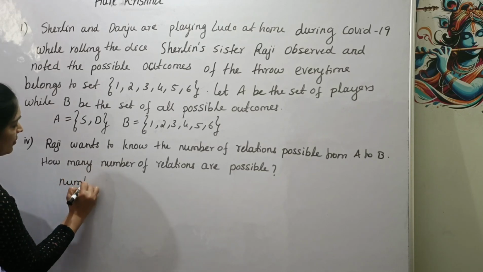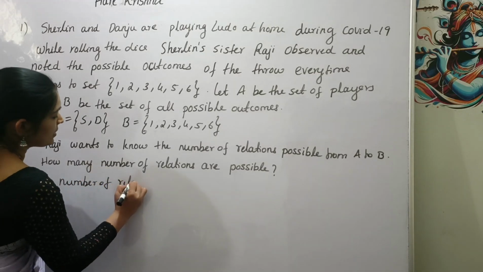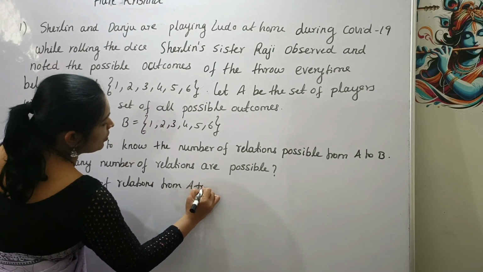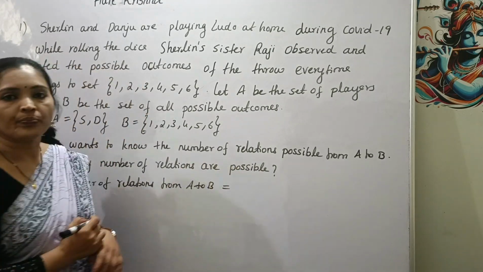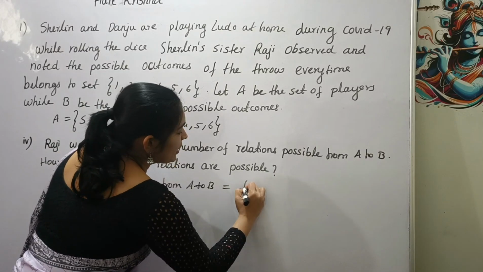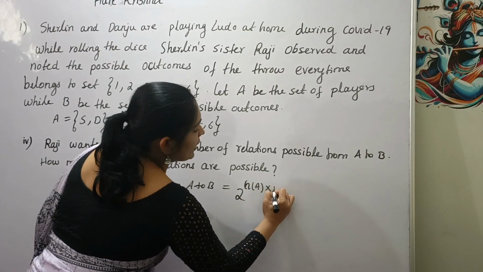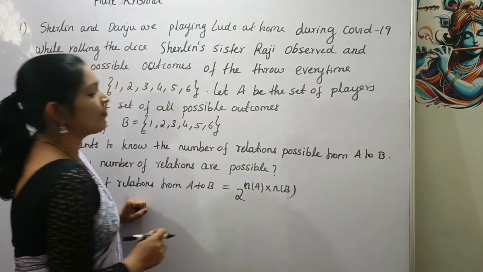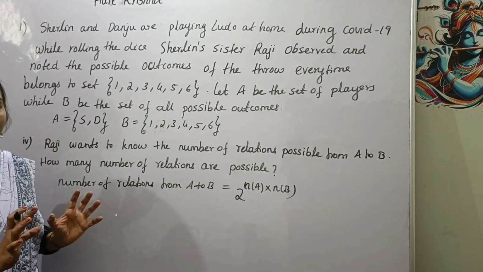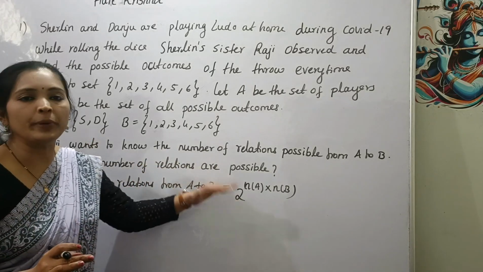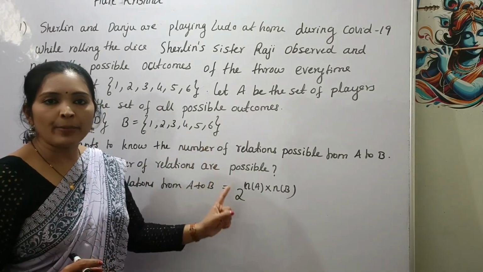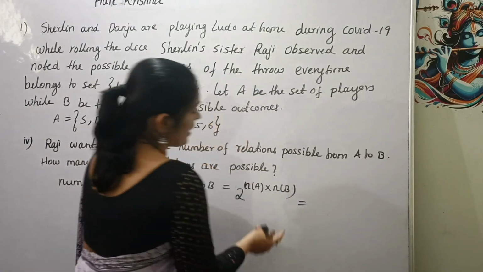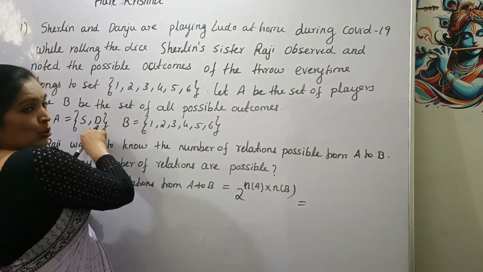The number of relations from A to B is equal to 2 raised to the number of elements of A times the number of elements of B. That is, the number of elements of A is 2, right?